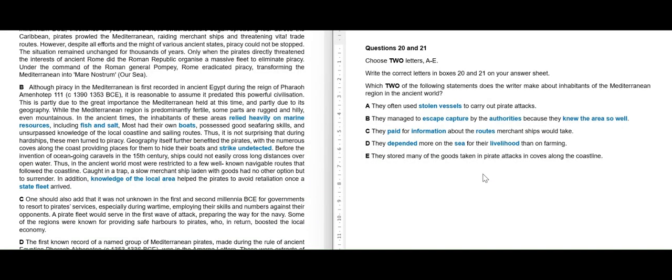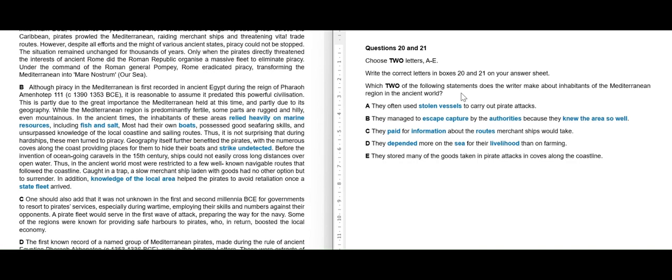Questions 20 and 21. Which two of the following statements does the writer make about inhabitants of the Mediterranean region in the ancient world? We have to first find the paragraph in which the writer is primarily talking about the pirates who were the inhabitants of Mediterranean in the ancient world.